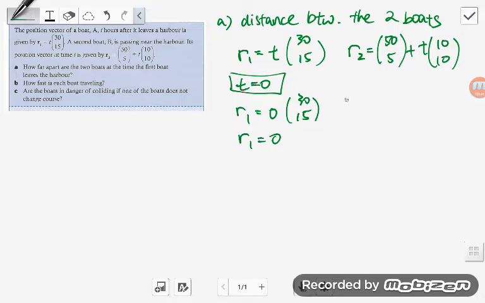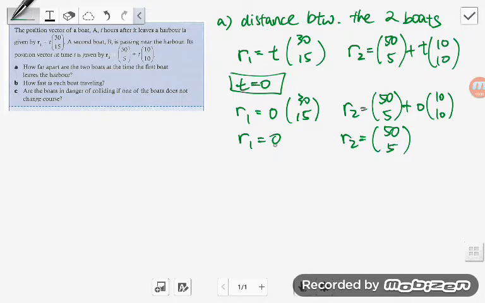What about my R2? My R2 is equal to (50, 5) plus 0 times (10, 10), which means my R2 is (50, 5). So the position vector of my first boat was at 0, and the position vector of boat 2 is at (50, 5).